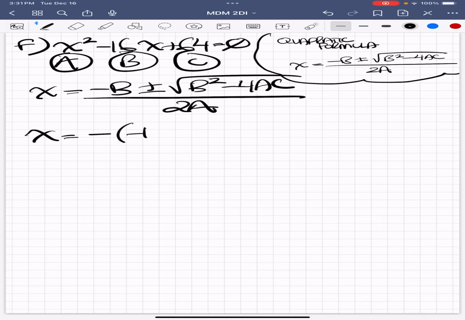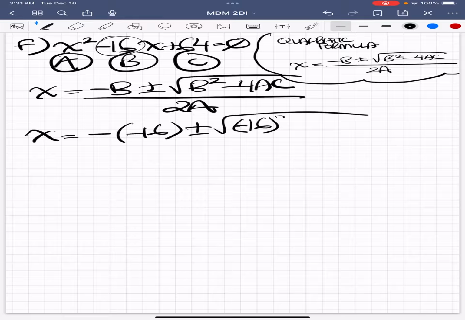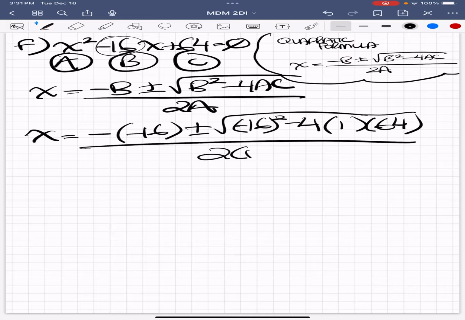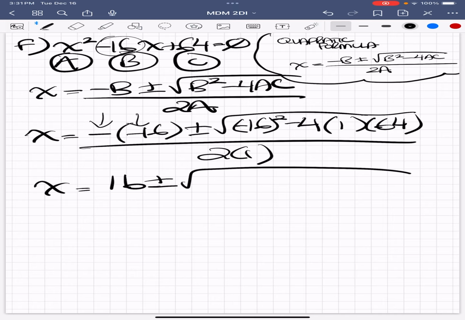Negative 16, because that's the value of b, plus or minus the square root of -16 squared minus 4 times 1 times 64, over 2 times 1. And then we have 16, because two negatives cancel out. 16 plus or minus. Then we simplify the discriminant.